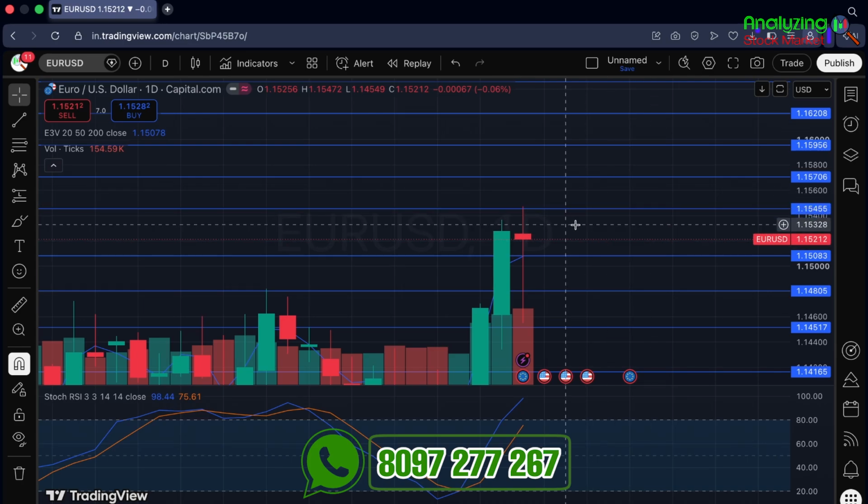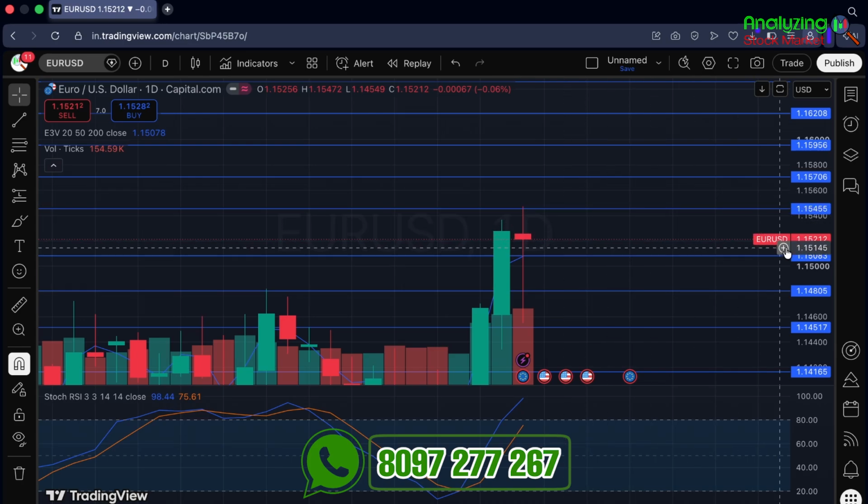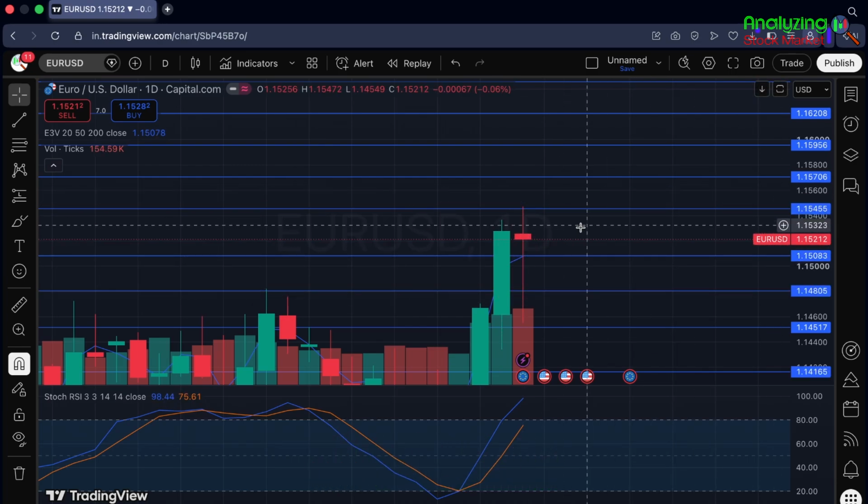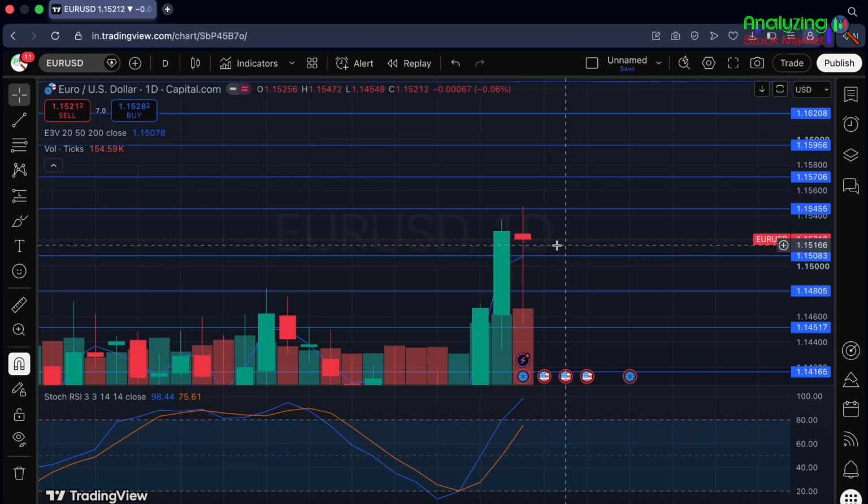So now let's talk about my opinion on EUR/USD. After direct support, there is a support of 1.14805, and I'm expecting a negative move if we see a closing below 1.15083. If we see a 4-hour or 1-day candle closing below this, then we will be able to see a closing in a negative move. Overall, my expectation is a bit negative in this range. We may even see a move till the next level as well.